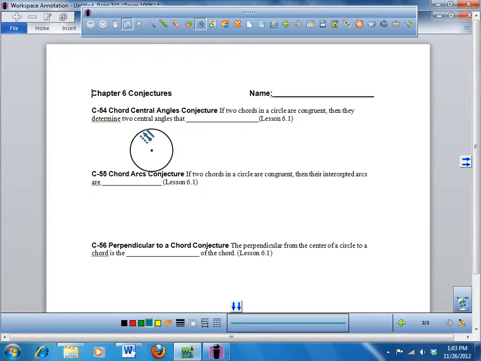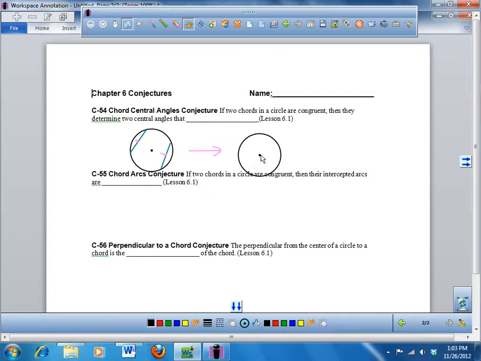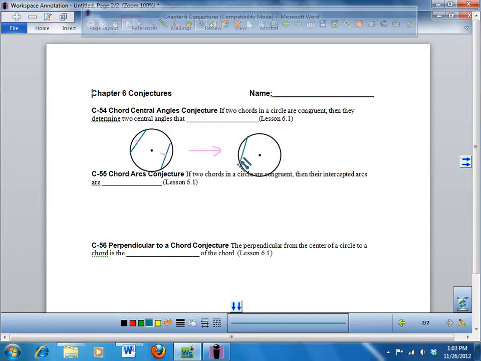So if I were to draw a chord from here to here, and another chord from here to here, and if I tell you that these two chords are congruent, if this is congruent to this, then it turns out that if I were to draw another circle from here, like that, these angles, this is kind of complicated, are not going to be exactly the same.